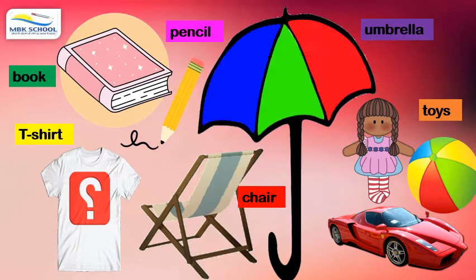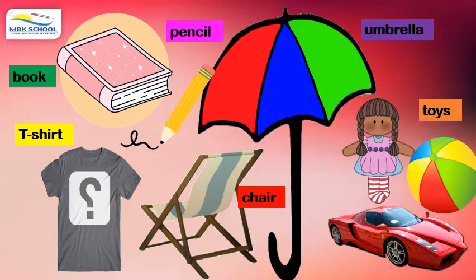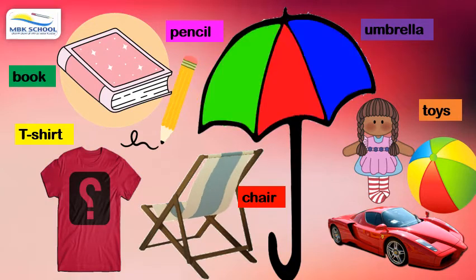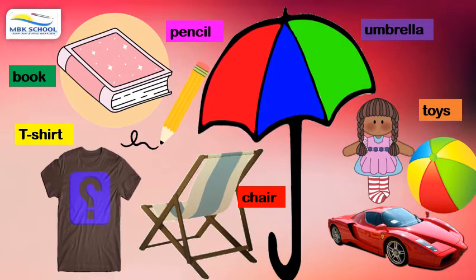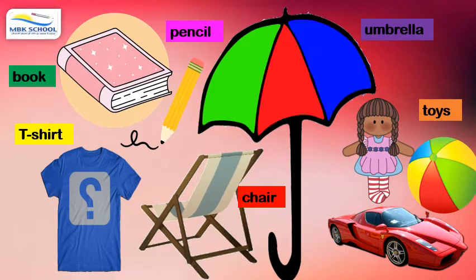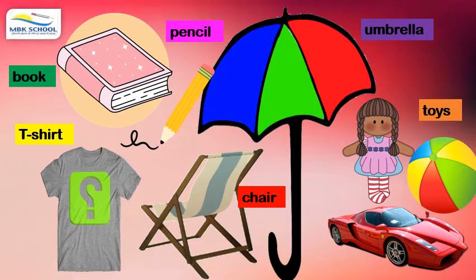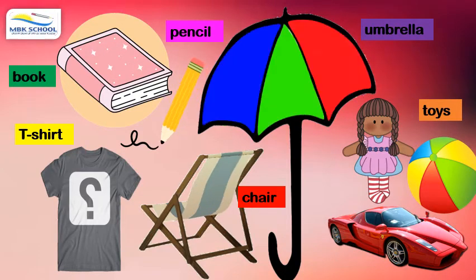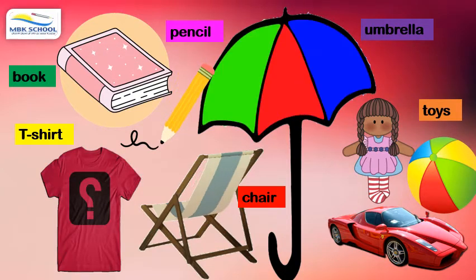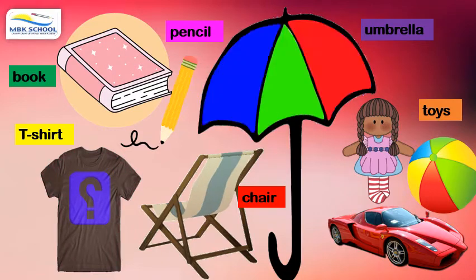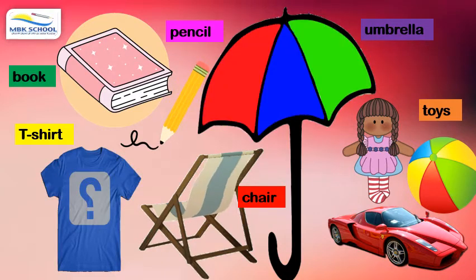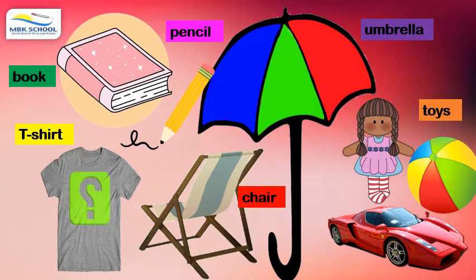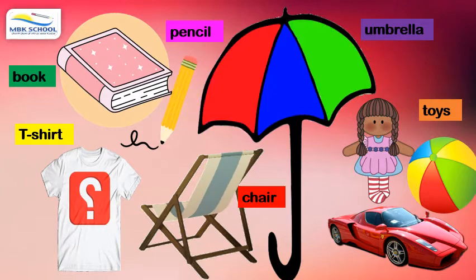These things are considered non-living things because they cannot move. They need somebody else to transfer them to another place. They cannot eat. They cannot reproduce. They cannot breathe because they don't have life.